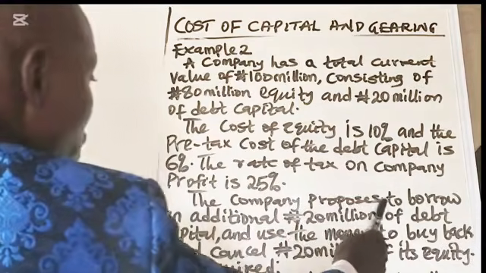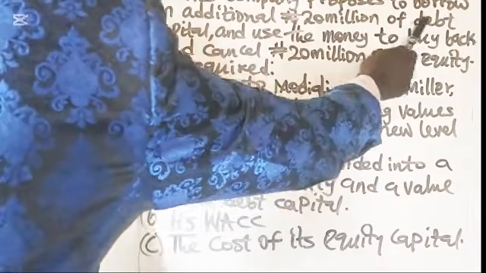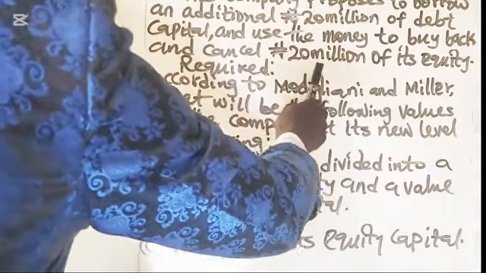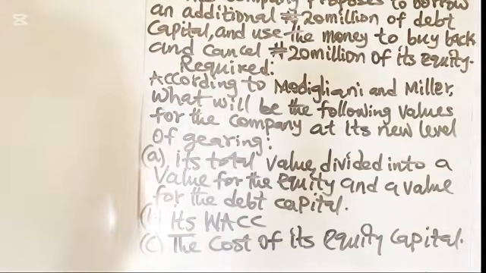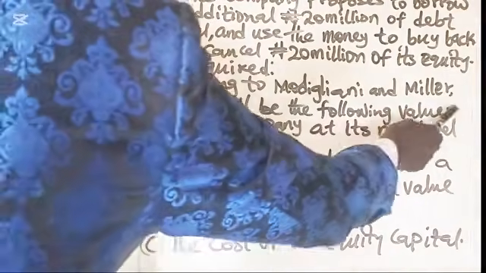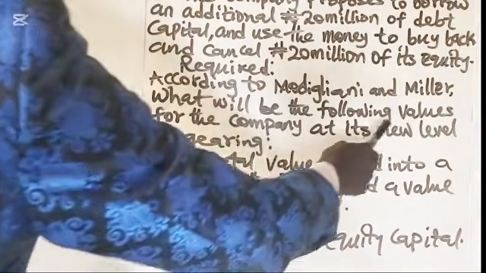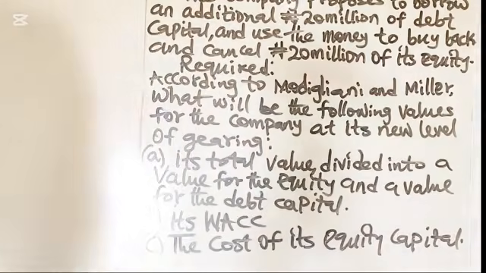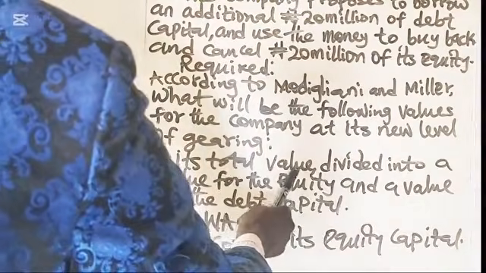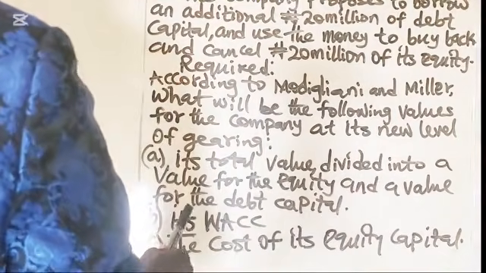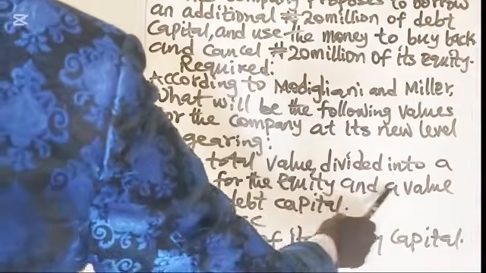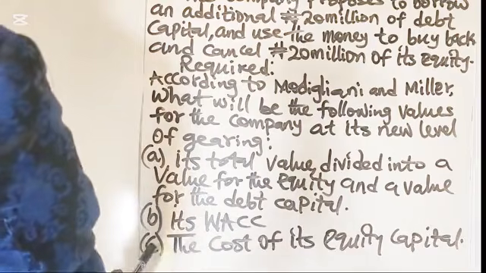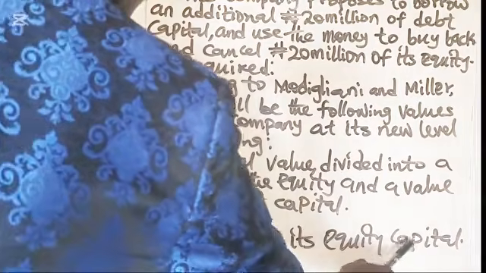The company proposes to borrow an additional 20 million naira of debt capital and use the money to buy back and cancel 20 million naira of its equity.